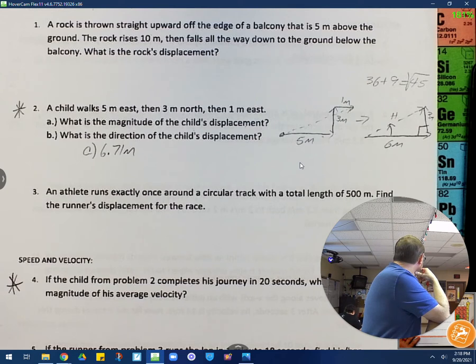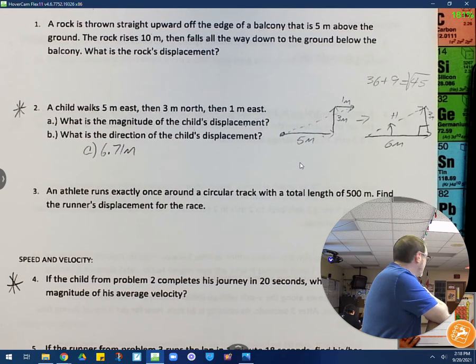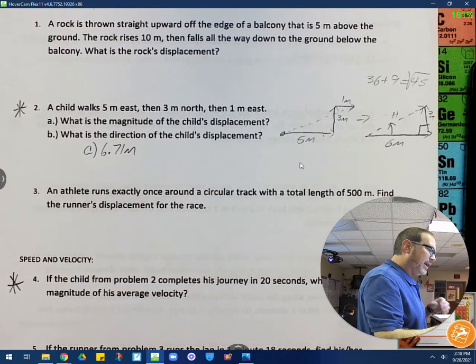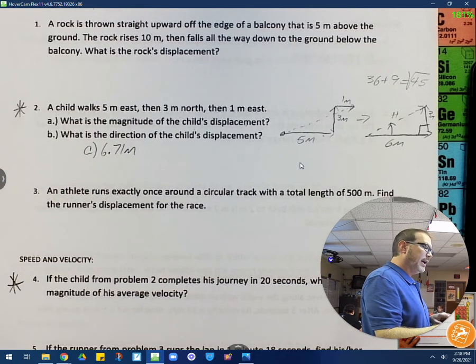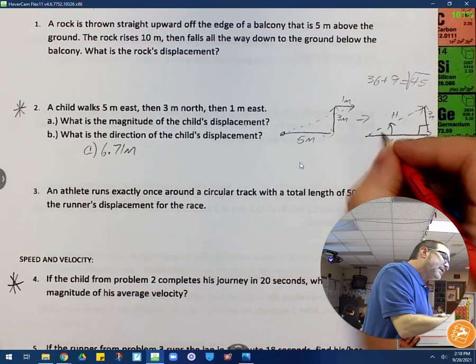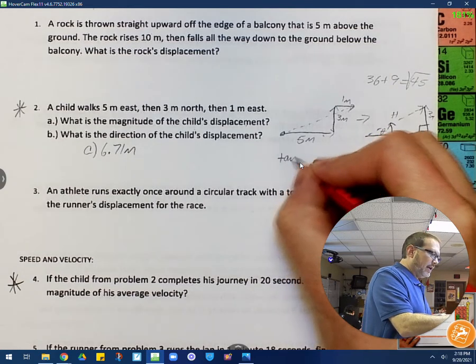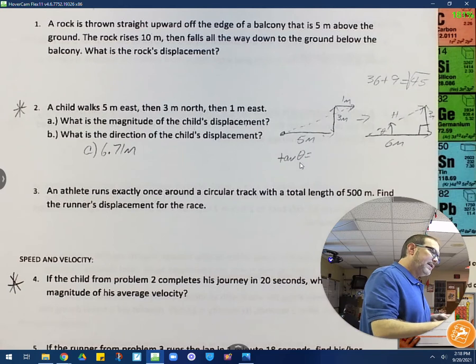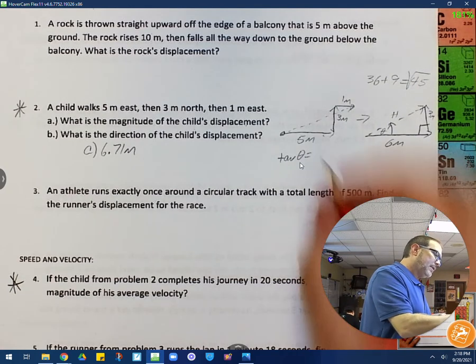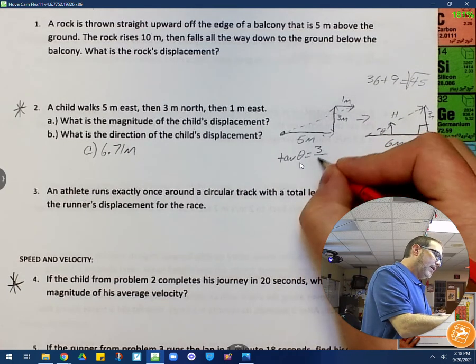Use a trig function of some kind. Okay, yeah, we can just do tangent. We'll call this angle theta, and so the tangent of theta is equal to opposite over adjacent, so it's equal to 3 over 6.